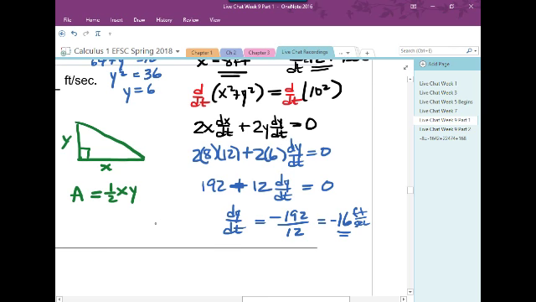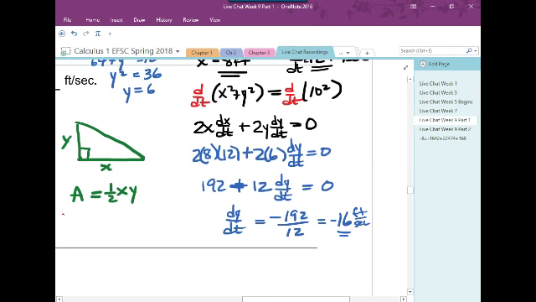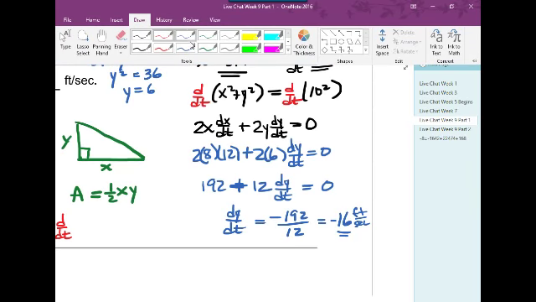We want to know the rate at which this area is changing. So we want information about dA dt. So in order to get dA dt, we're going to have to take the derivative of both sides of this equation with respect to t.